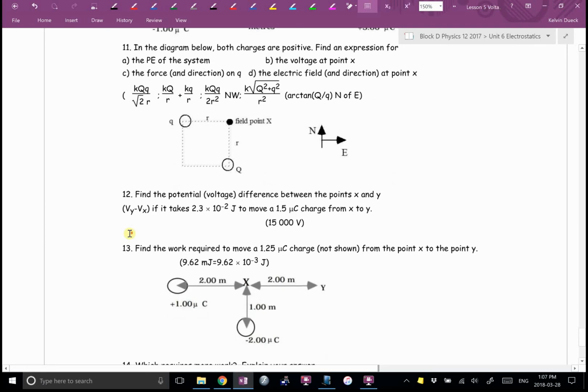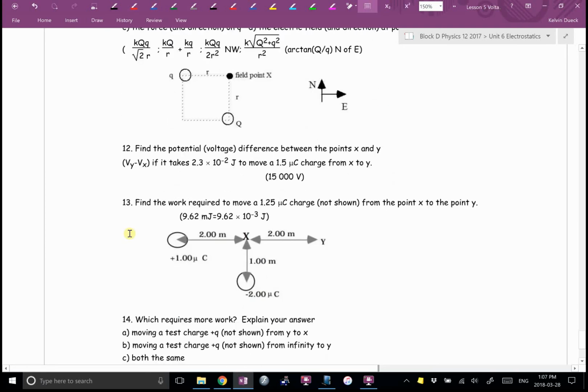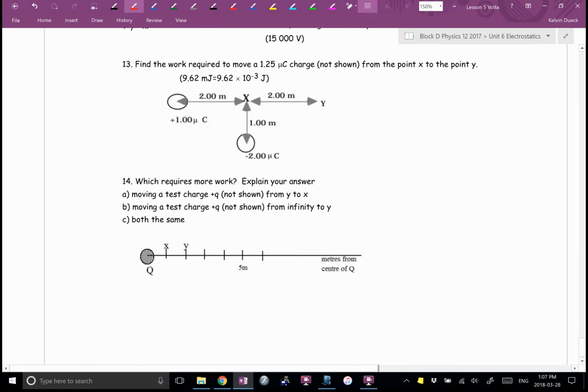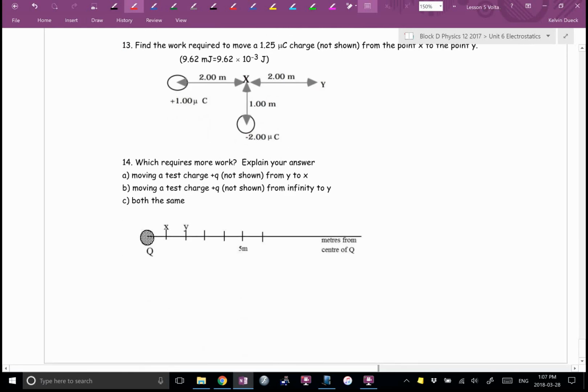Skip 11. 12 is good. Skip 13. And we'll pause there, I think. So hopefully you can probably get almost all this done in class. You got 23 minutes, shorter lesson.